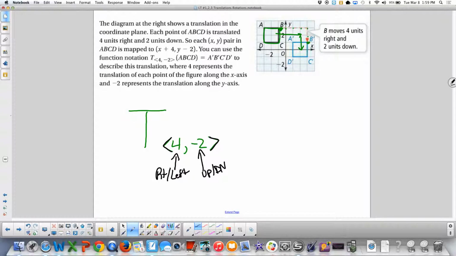So this means capital T for translation, 4 to the right, 2 down. Then what we do is we say what we were using, which was the pre-image of A, B, C, D, and that mapped to A prime, B prime, C prime, D prime. That was the result. So that's how you write it. That's called the proper notation.